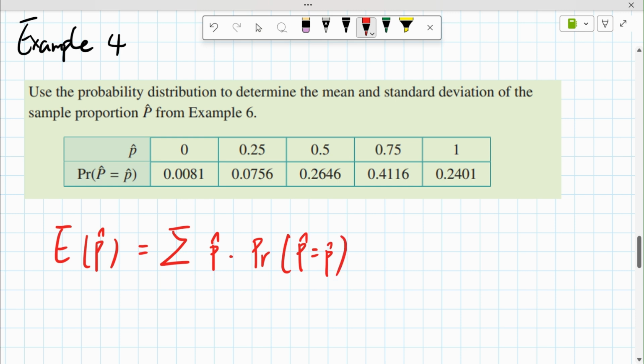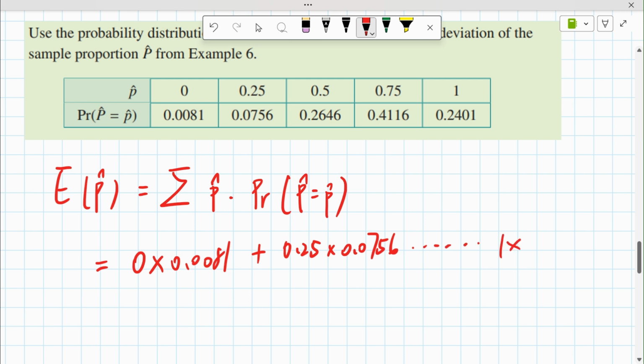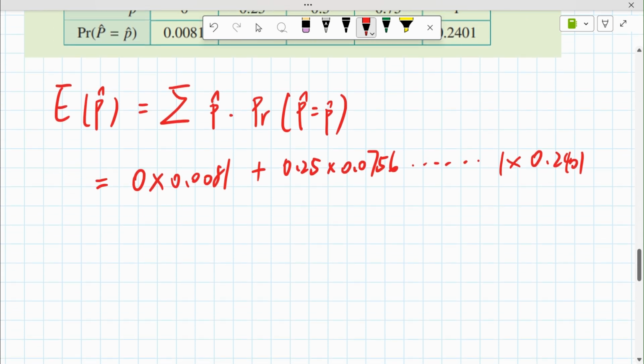So if I select 0 multiplied by 0.0081, plus 0.25 multiplied by 0.0756, and so on, up to 1 multiplied by 0.2401, that is approximately equal to 0.7. So that was your mean.